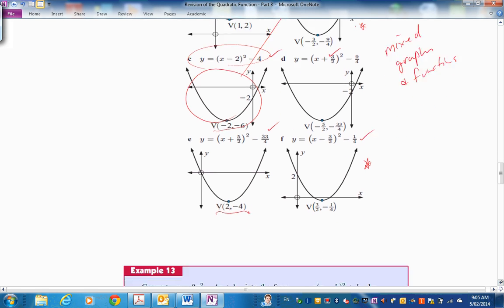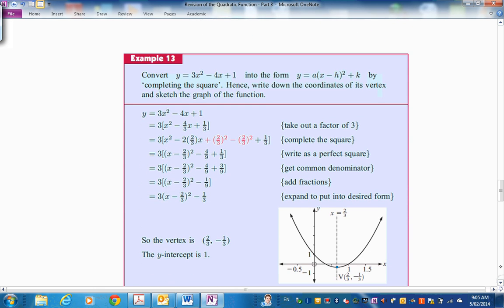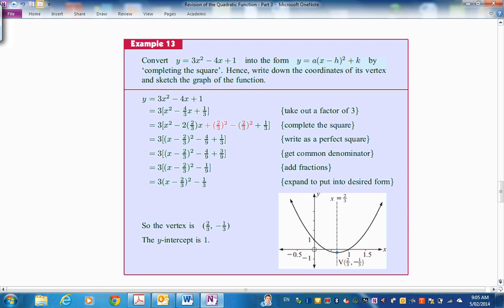Okay, let's go down and look at the most challenging one, and that is where you have a number in front of x squared. We need to put that number out the front of the bracket first. This means it's going to be a steeper version of x squared, doesn't it?